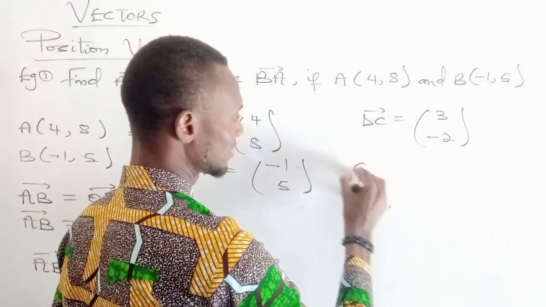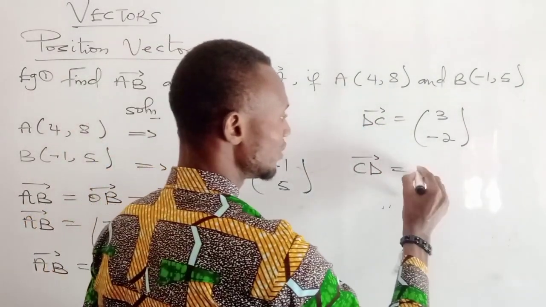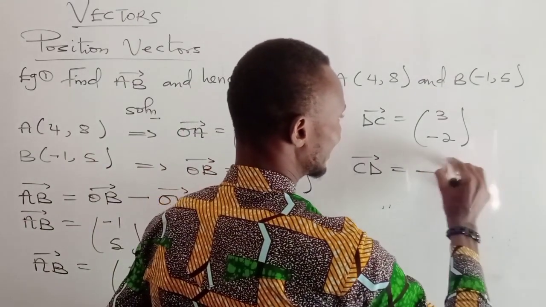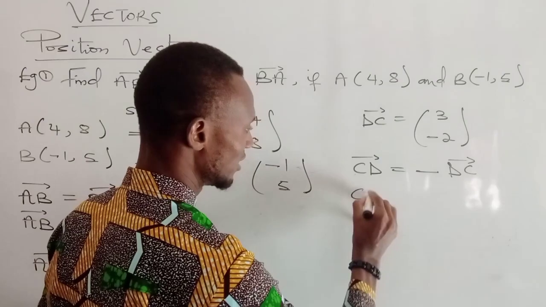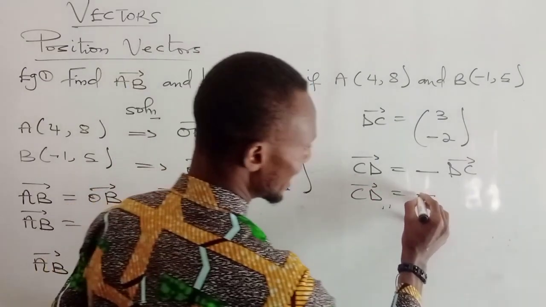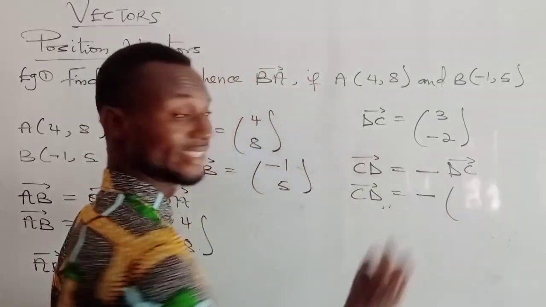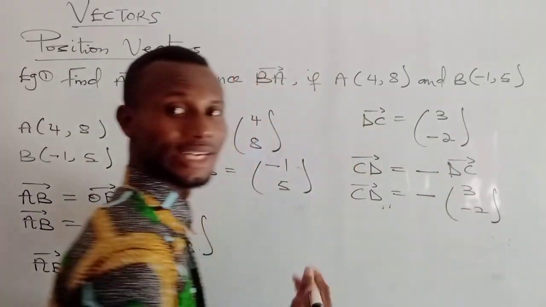So to get my CD, which is the inverse of the vector DC, is going to be the negation of the vector DC. Then I'll just input my values. So my CD will be equal to, you bring your negative sign, then you put the value of DC there. DC is given to be 3, -2. Then you simplify.